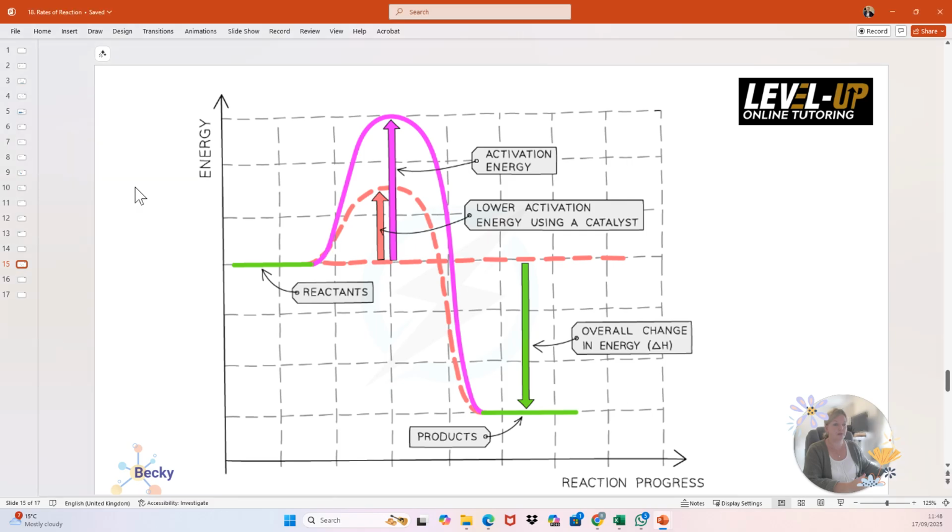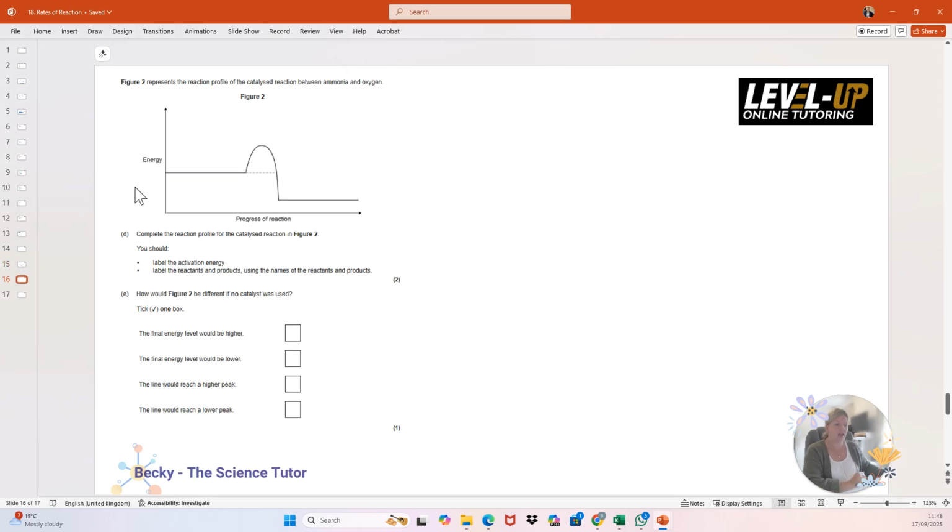Okay, so let's have a look at a style of question for this one just to finish us off. So here we've got the reaction profile diagram. That's where I mean that it could quite easily bring this into rates of reaction. And part D, complete the reaction profile diagram. So we've done that in the endo and exothermic video, so if you're unsure how to do that, go check out that video.